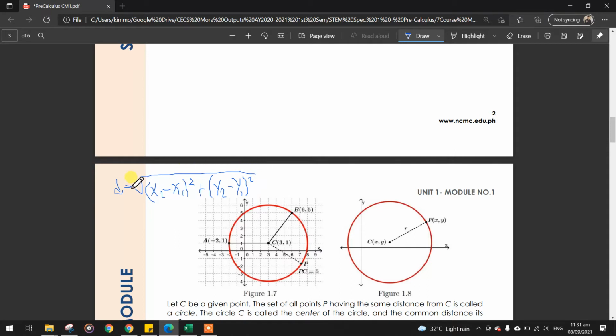So again, the distance formula is equal to the square root of (x sub 2 minus x sub 1) squared plus (y sub 2 minus y sub 1) squared.